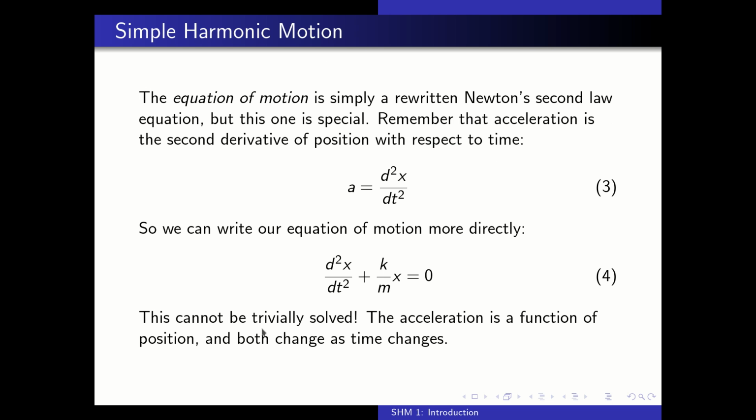Now, this particular equation of motion is really kind of interesting. It's a little bit different from a lot of the Newton's second law equations that we've talked about before. Remember that acceleration is the second time derivative of position.